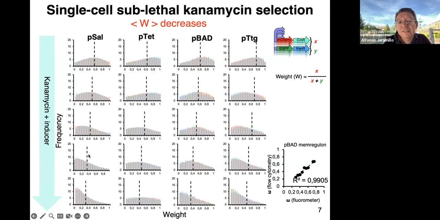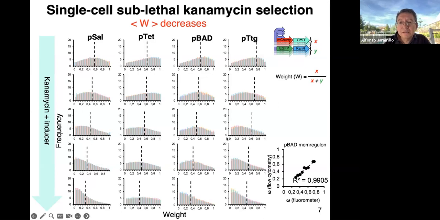So those cells grow better, and you can see here in repeated flow cytometry experiments, after incubating with sublethal kanamycin, I mean 10 times less than what you use in plating, that the average value of the weight decreases. Okay, in all cases.